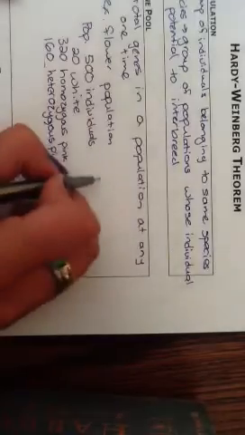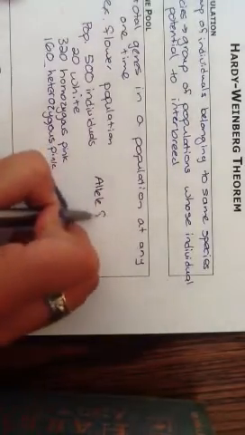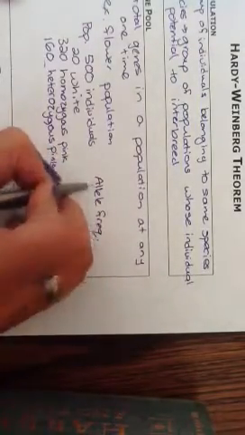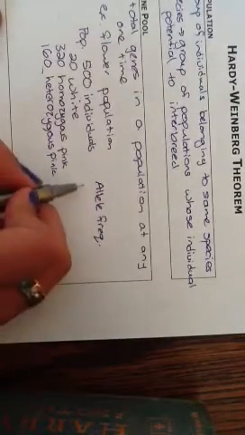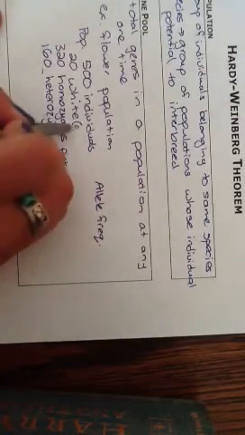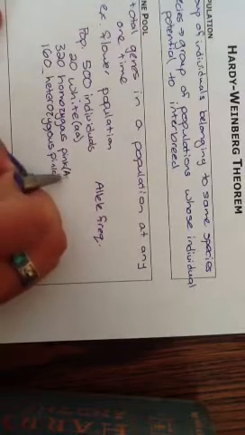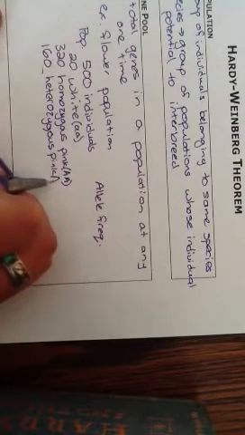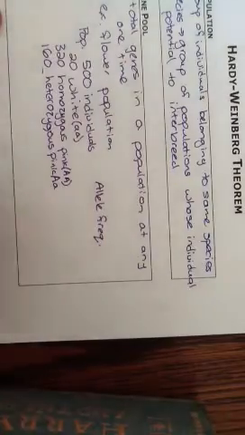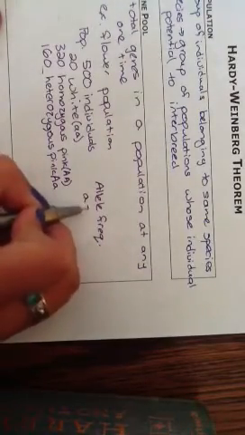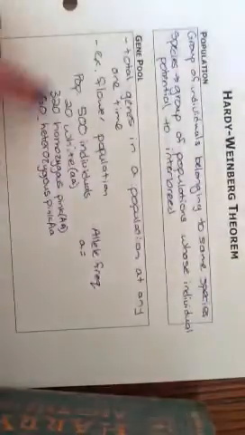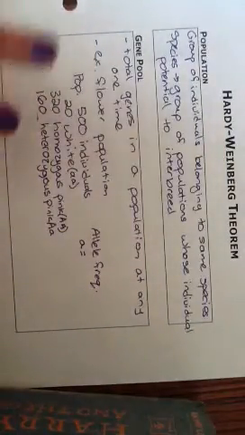So if you want to calculate the allele frequency when you're given numbers like this, you can, because these guys are little a, these ones are big A, and these ones are big A, little a. If we want to calculate the allele frequency for little a, each of these individuals has two alleles, right?